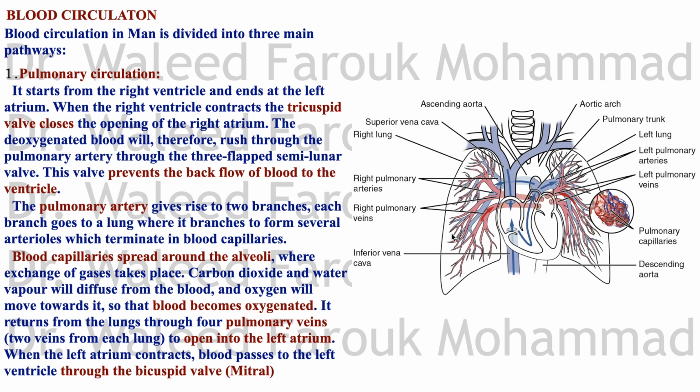Why around the alveoli? Because the capillary bed will deliver its load of CO2 to the lung and attract O2 to become oxygenated. So it becomes oxygenated inside the lungs and goes back to the heart again through the pulmonary veins.